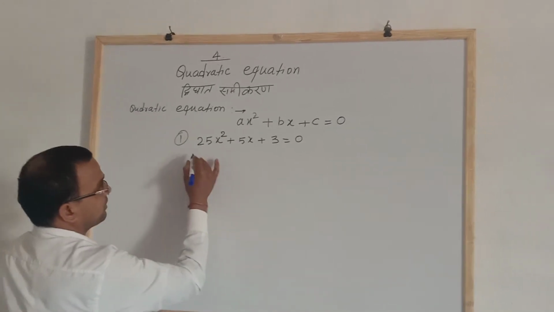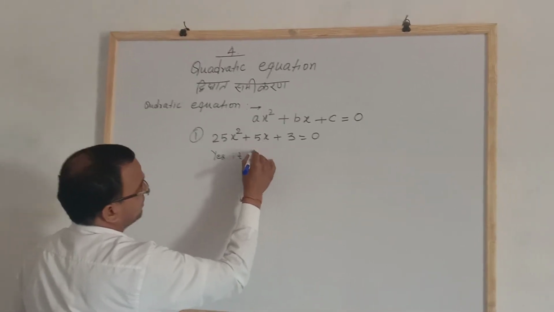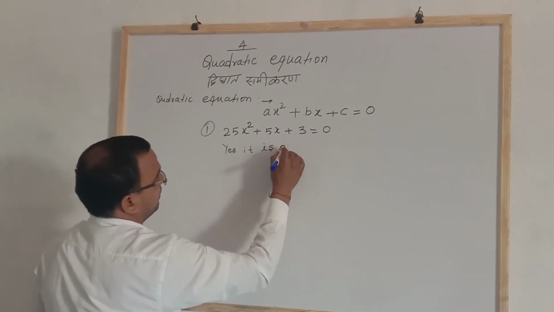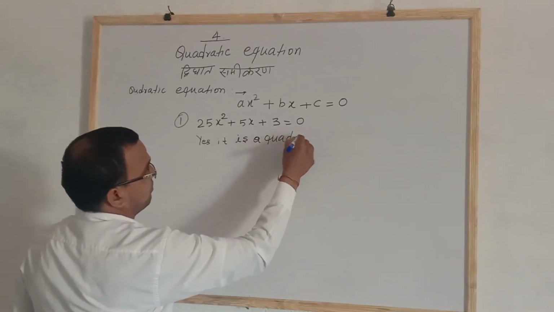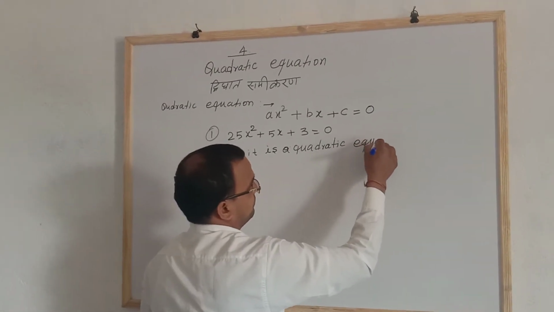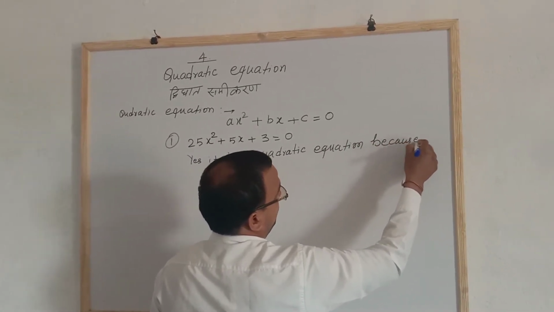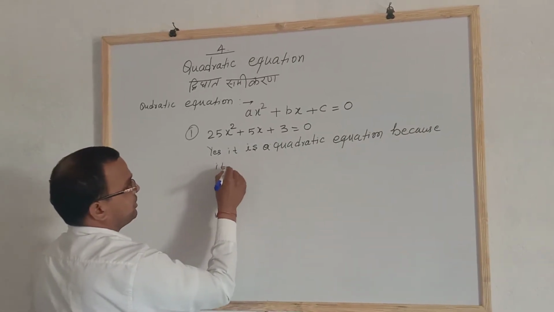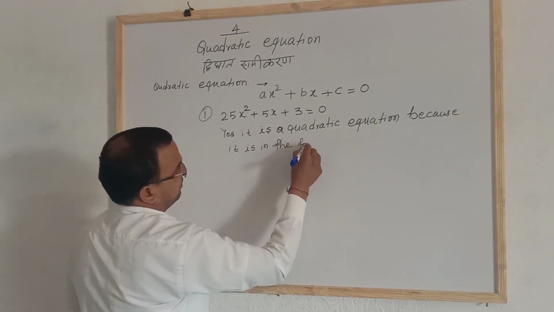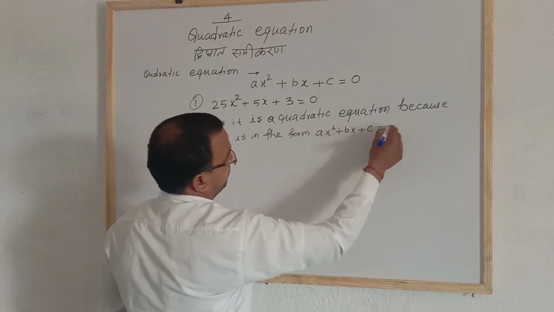So you can write yes, it is a quadratic equation because it is in the form ax square plus bx plus c equal to 0.